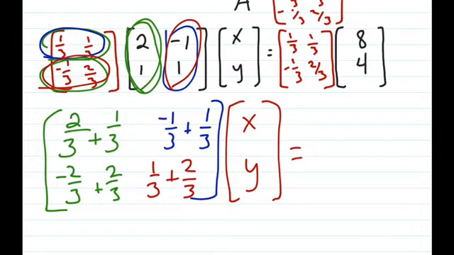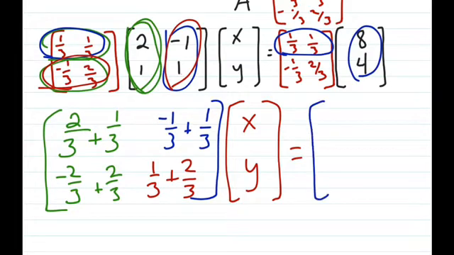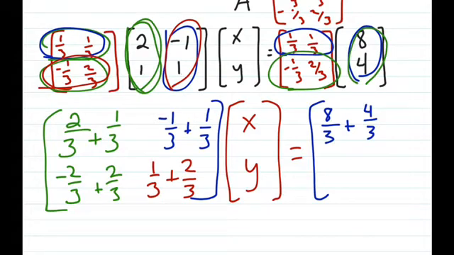And then on the right hand side, we're going to do this row times this column. So that's going to be 1/3 times 8 plus 1/3 times 4. And then we're going to do this times this, so negative 1/3 times 8 plus 4 times 2/3.